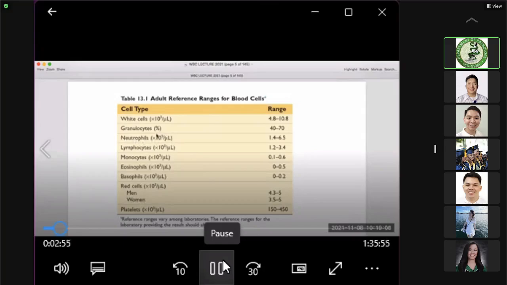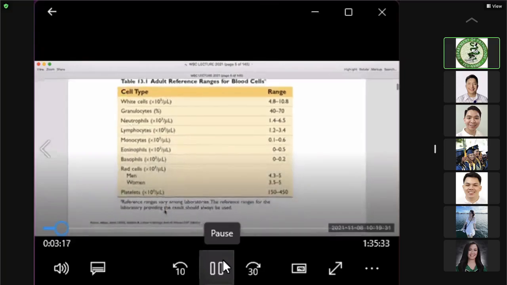The most numerous are the neutrophils, and then down the line we have several numbers of basophils and eosinophils, and this is the normal range for the red cells. And with regards to platelets, it's about 150 to 450 times 10 to the 3 per microliter.